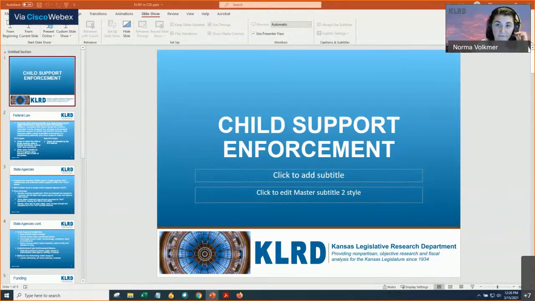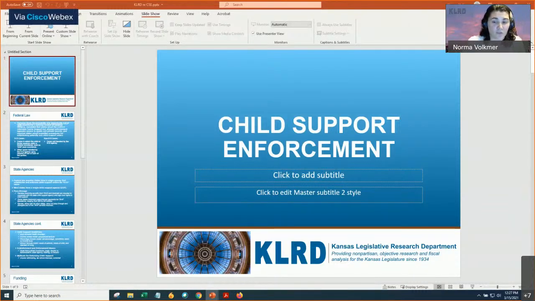And then there is the funding. So the federal government, and I'm on slide 5 here, the federal government does reimburse 2/3 of state administrative costs, so it's about 66%. States can also receive federal incentive funds. Those are provided for meeting performance measures.